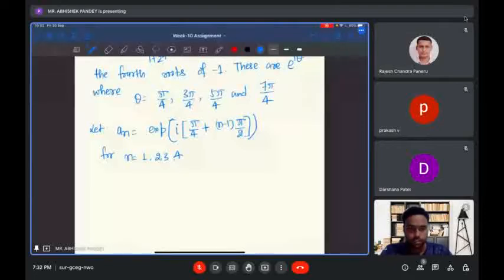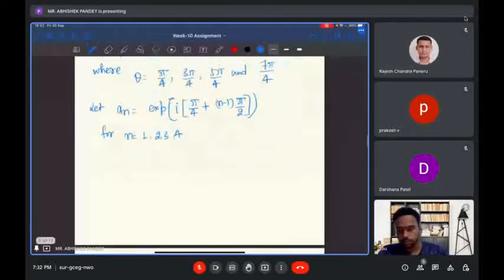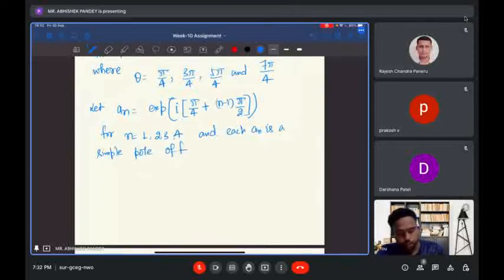Okay, so a n is like this, and each a n is a simple pole of f. Now we need to calculate the residue of f at a1.